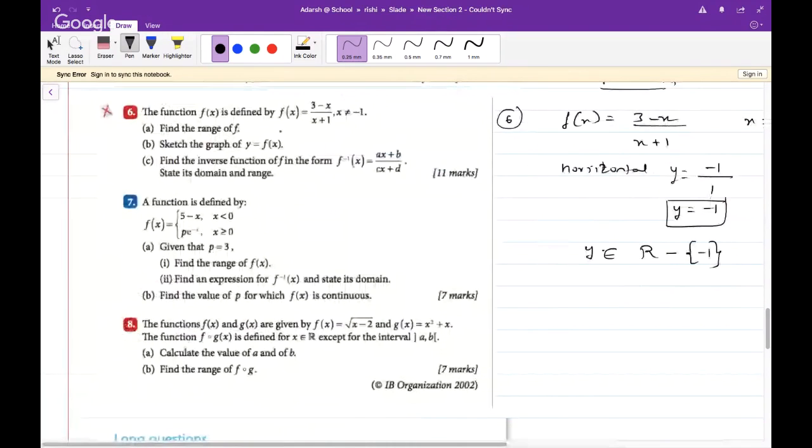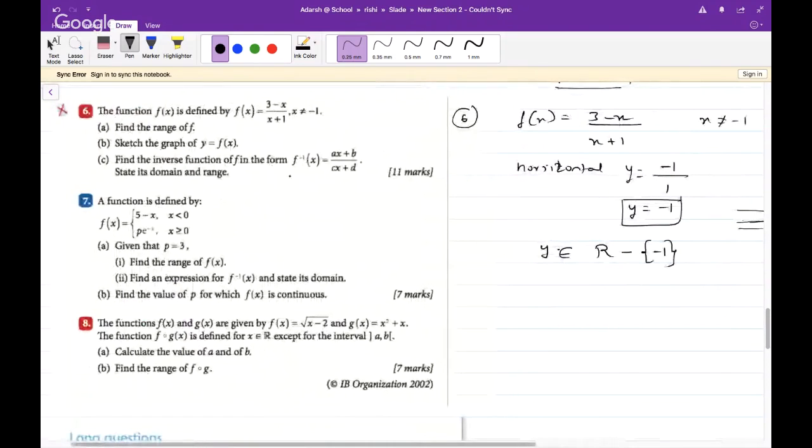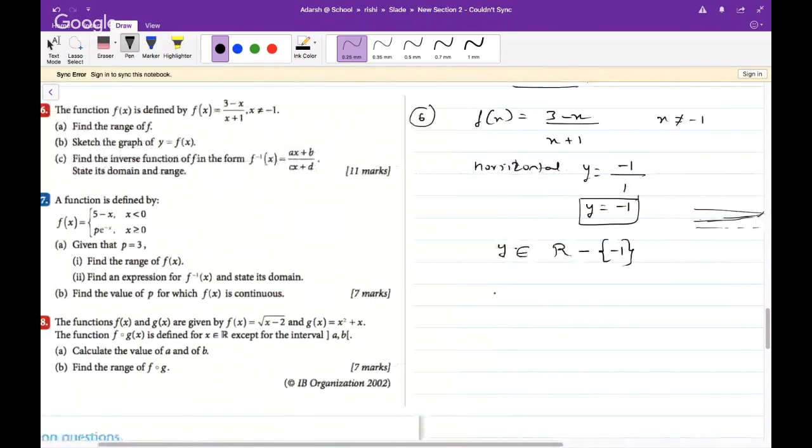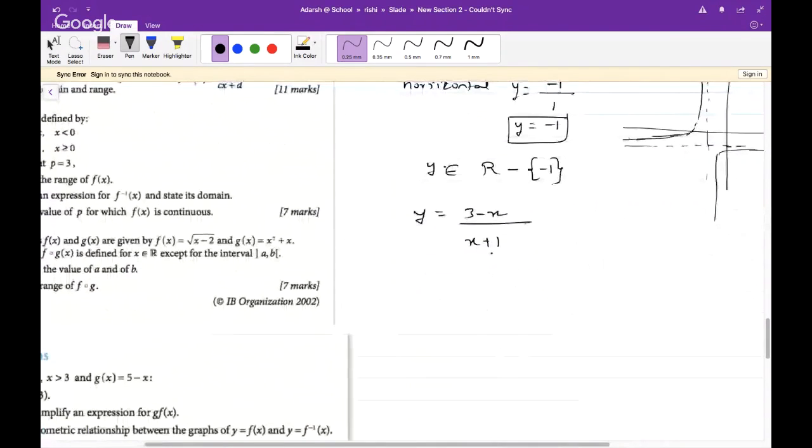Next, sketch the graph y is equal to f of x. We have done this. Then find the inverse function of f of x in this form. First step, y is equal to (3 minus x) divided by (x plus 1). Take the denominator across: y times (x plus 1) is equal to 3 minus x.